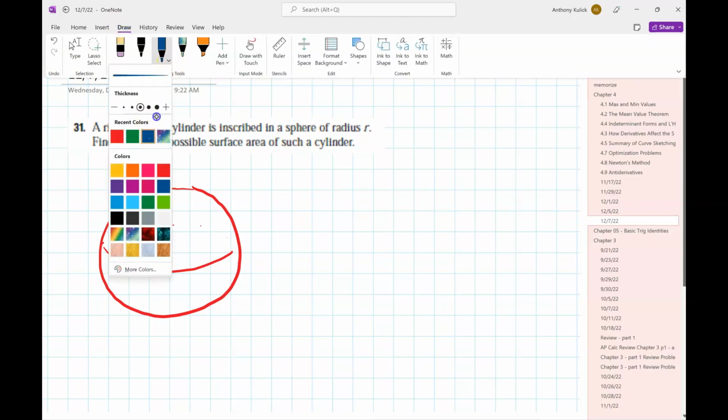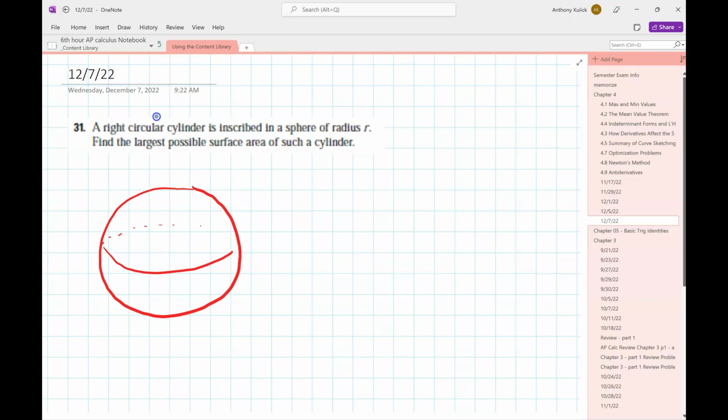And then inside this sphere, we have some cylinder. Everybody happy with what we've drawn there?